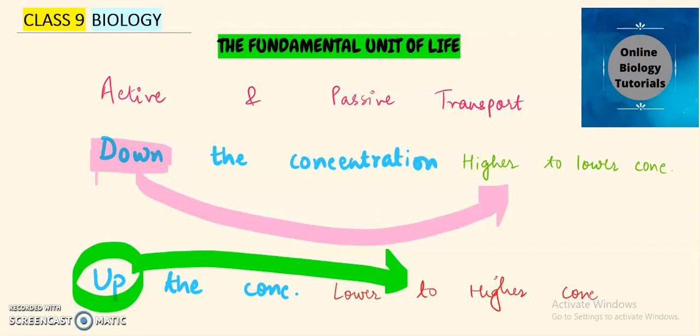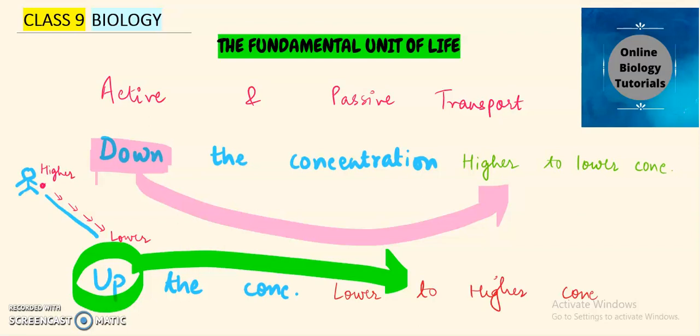Now we will understand this with the help of an example. Suppose I am standing here, this is me, funny me, and this is the slope in front of me. I am holding a ball and I throw this ball from the higher area. Over a period of time, this ball will automatically come from the higher region to the lower region.